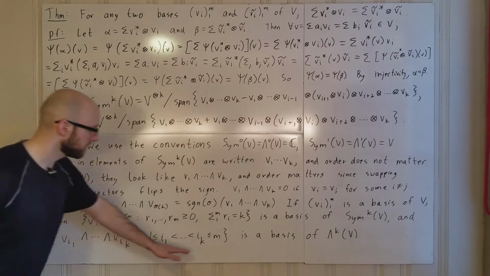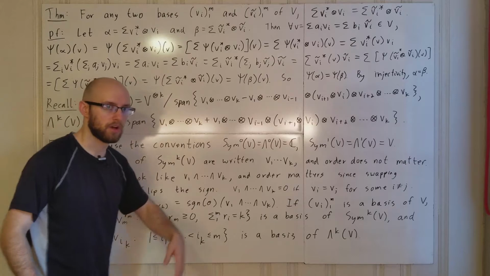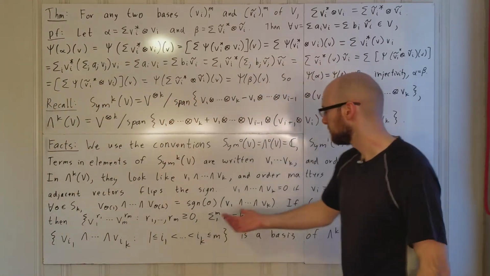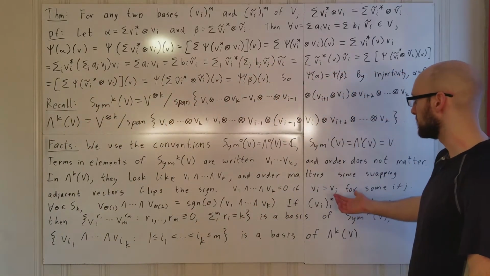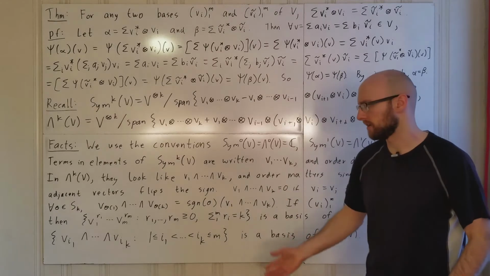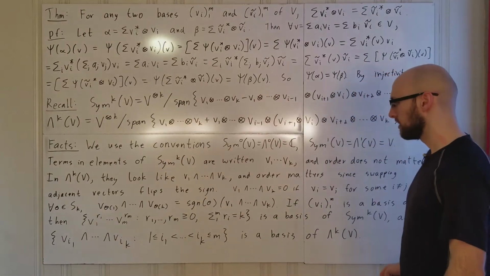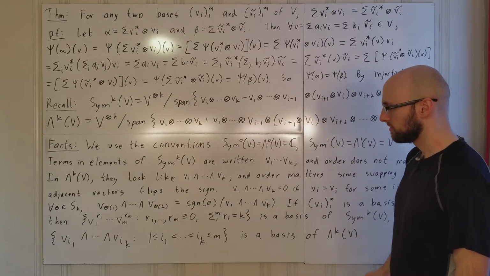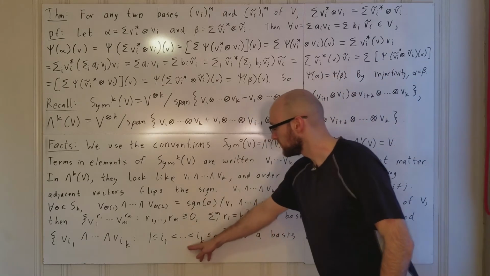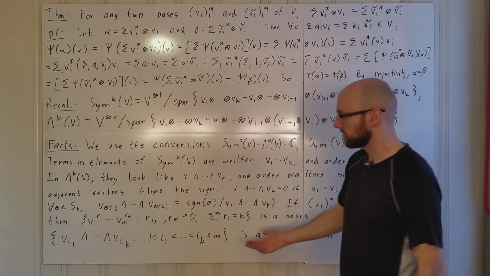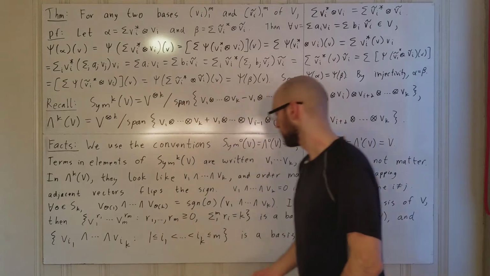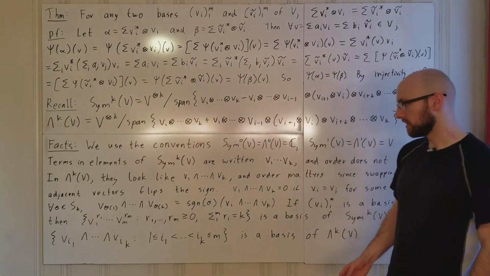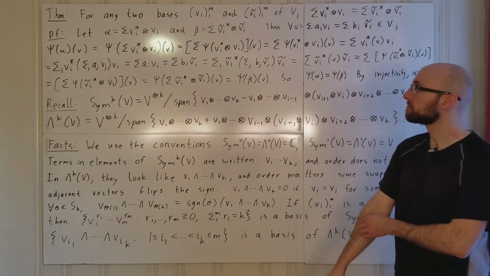So you take some collection of indices between 1 and m. All of these indices are distinct, because if they aren't all distinct, then it's a 0 vector, and that's not going to be part of our basis. And so yeah, the indices between 1 and m that you choose are going to determine this vector. And so that gives you a basis for the exterior product.